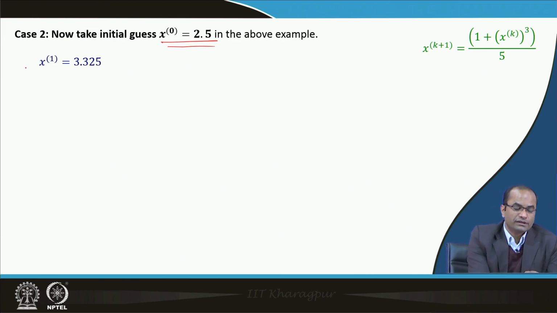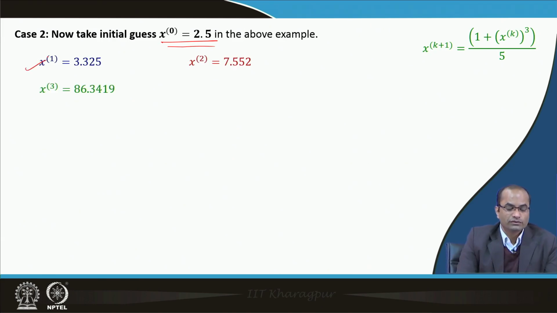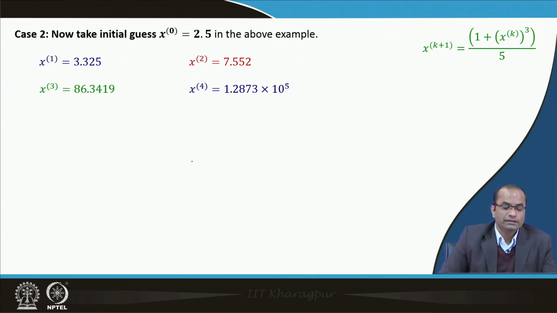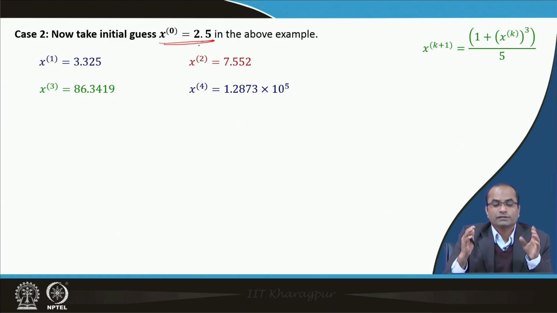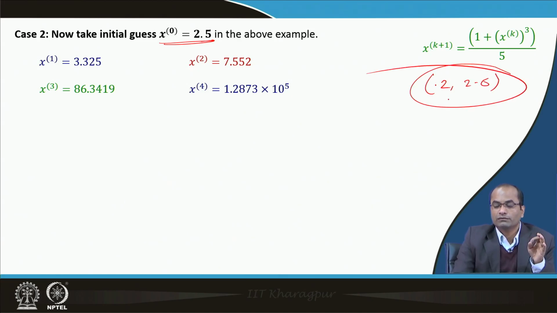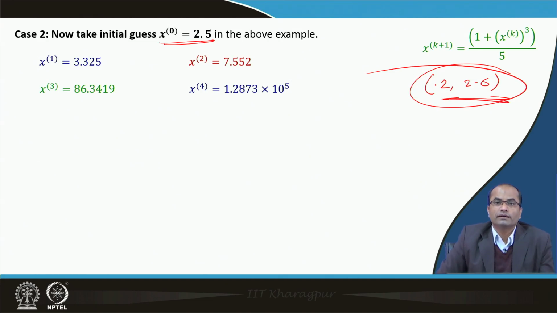So, if for example we compute x1, x2, x3, and x4 itself is telling that it is going somewhere else, 10 raised to the power 5, a very large number. So, it is not converging in this case, because our initial guess we have taken 2.5, and in the interval we consider which contains the initial guess as well as the root, that means 0.2 to like 2.6 something, there are points here where g prime is not satisfying that sufficient condition.